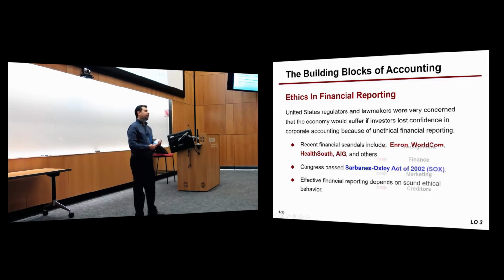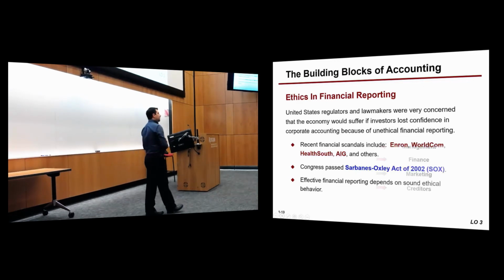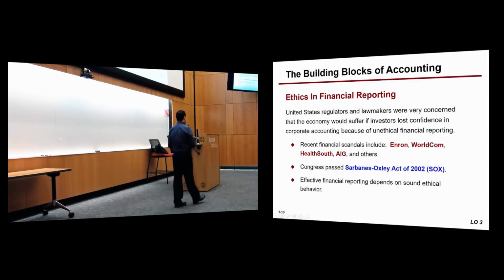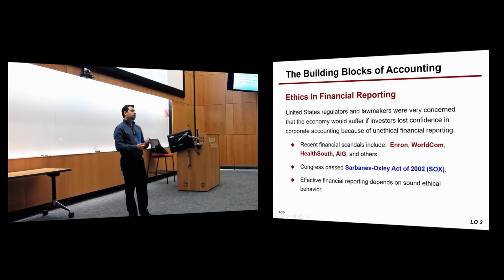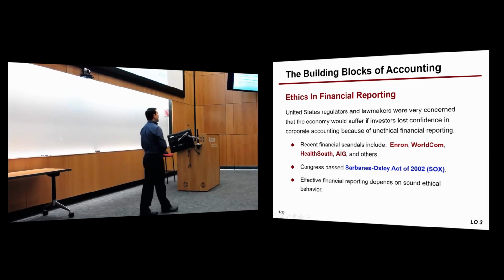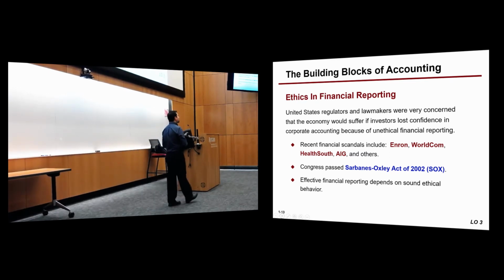Now, an important thing is that this actually caused a big change in the auditing profession and in accounting in general. There were several accounting scandals in the early 2000s.